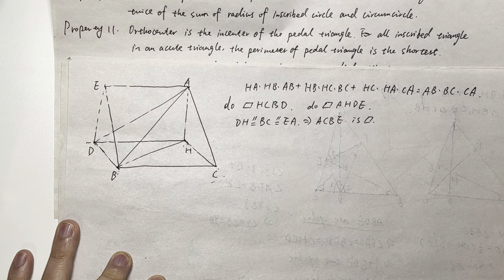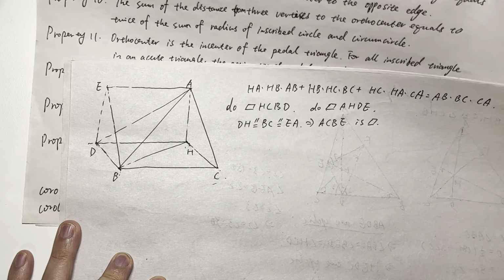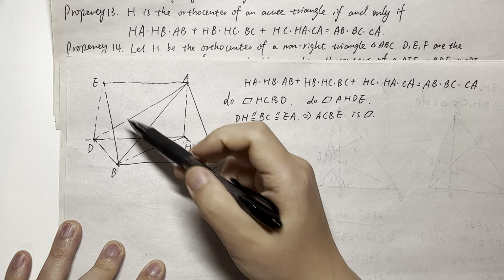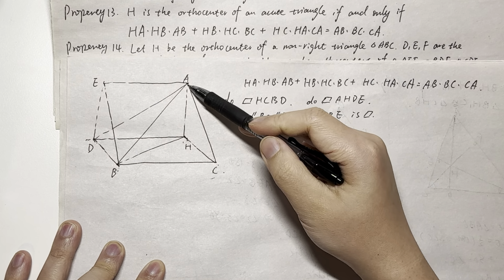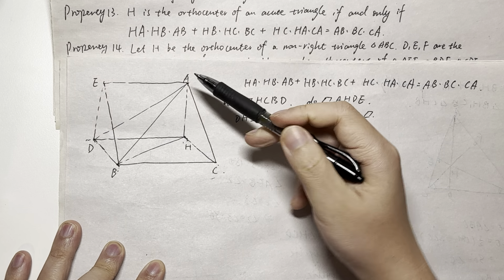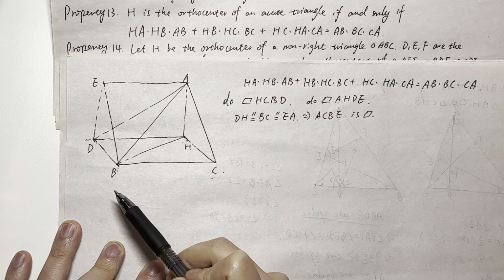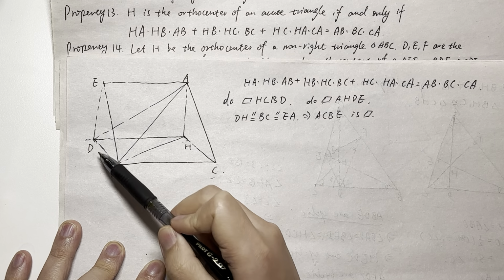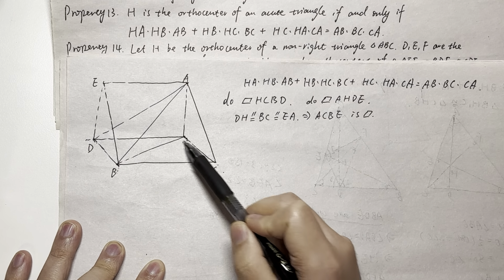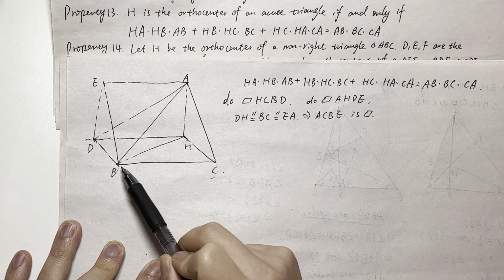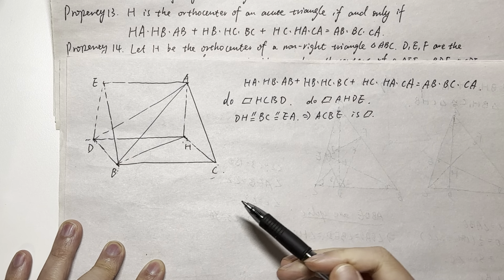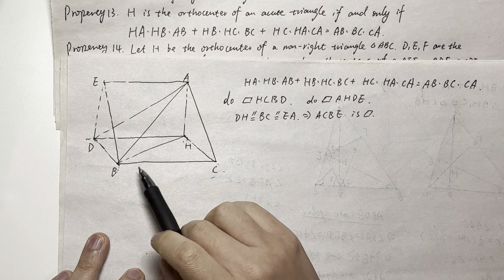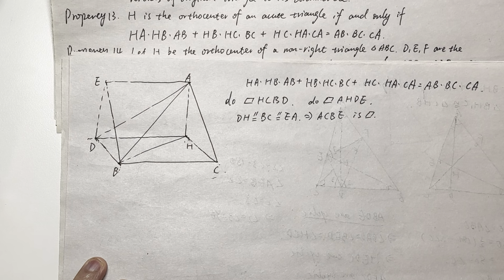Now we know that ED equals AH and EA equals DH, right? And DB equals CH. We just have BH, there's nothing equal to BH, right? We just have this one hanging out there.